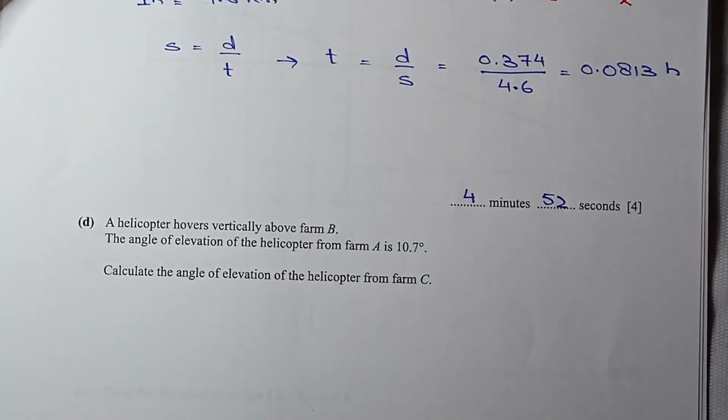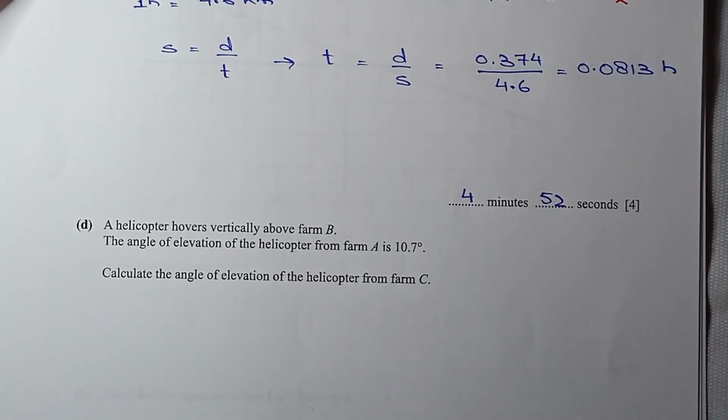Now for part D, a helicopter hovers vertically above farm B. The angle of elevation of the helicopter from farm A is 10.7 degrees.